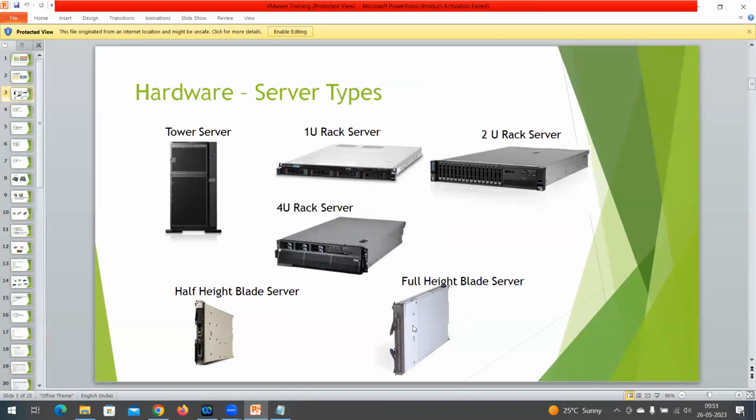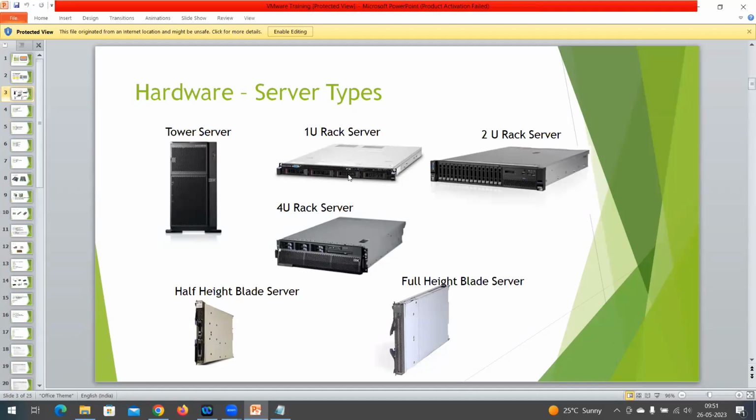In the same enclosure, whatever architecture is available here, if you compare with the rack server, the rack servers are capable of fulfilling certain requirements. In this one-U rack server, if you see how many hard disks I can insert, I cannot use this for storage applications because there is no provision to insert a number of hard disks.